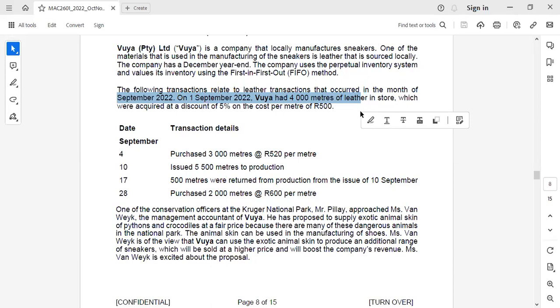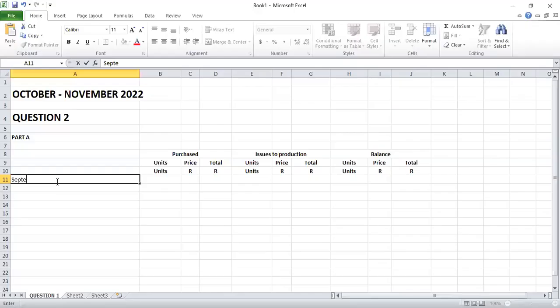On 1 September, that is the beginning of the month, we are at 4,000 meters of leather in store, which were acquired at a discount of 5% on the cost per meter of 500. So we can say September 1, opening balance.